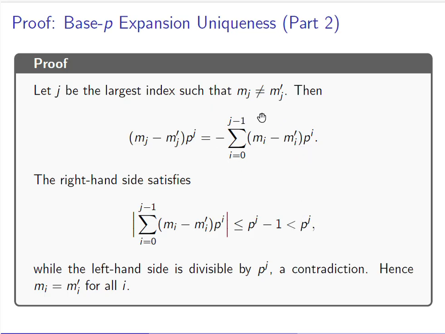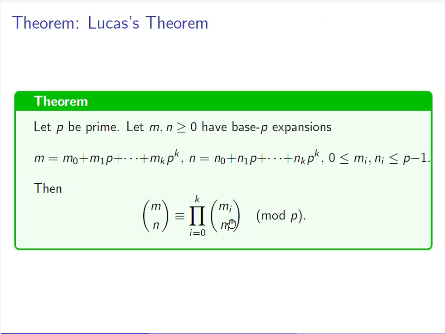So this quantity here in absolute value is less than p^j, so p^j does not divide it, but p^j divides this left-hand side, which is a contradiction. Therefore, the assumption that m_j was not equal to m_j prime was false. So we conclude that m_i is equal to m_i prime for all the others.